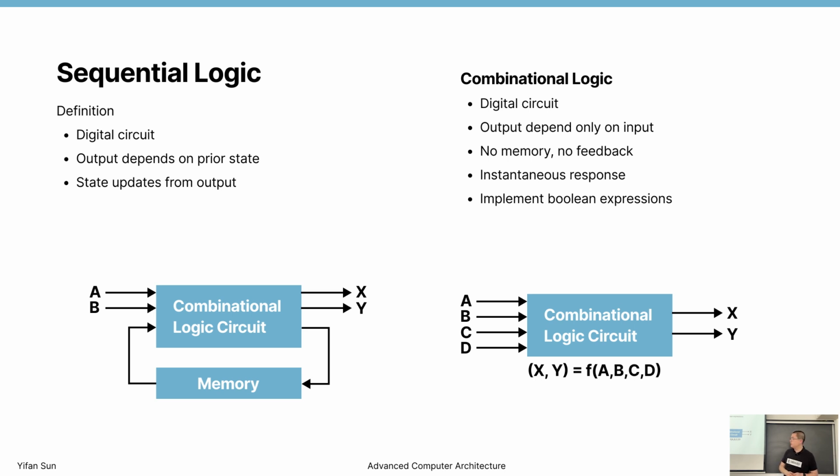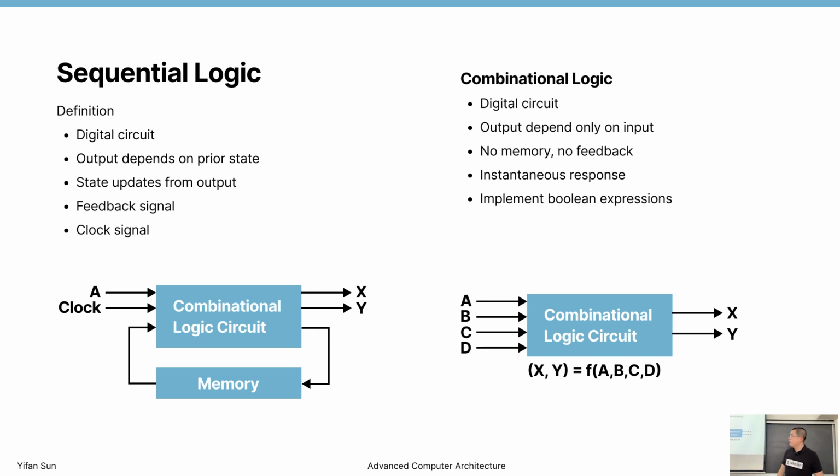The sequential logic circuit is still a digital circuit, and the output depends not only on the input, but also on the prior state, the memory from before. The state is updated from the output of the combinational logic, so the state may change over time. So this is sequential logic. It's getting more and more complex, but it's not too complex. In today's lecture, we're going to talk about how sequential logic is designed.